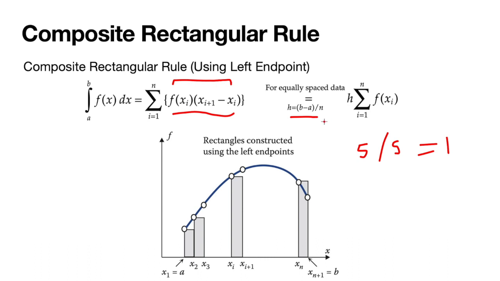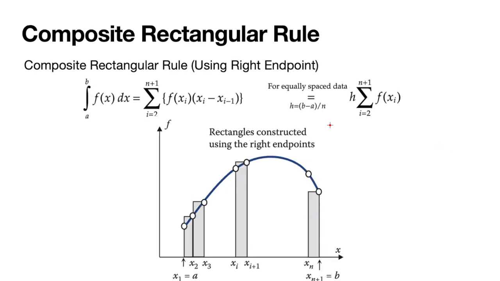So for equal spaces, this difference will remain the same for all of the rectangles, so we can keep it out of the summation and use h instead. This h can be calculated by the difference between these limits divided by the number of subintervals we are using, or the number of rectangles we are constructing.